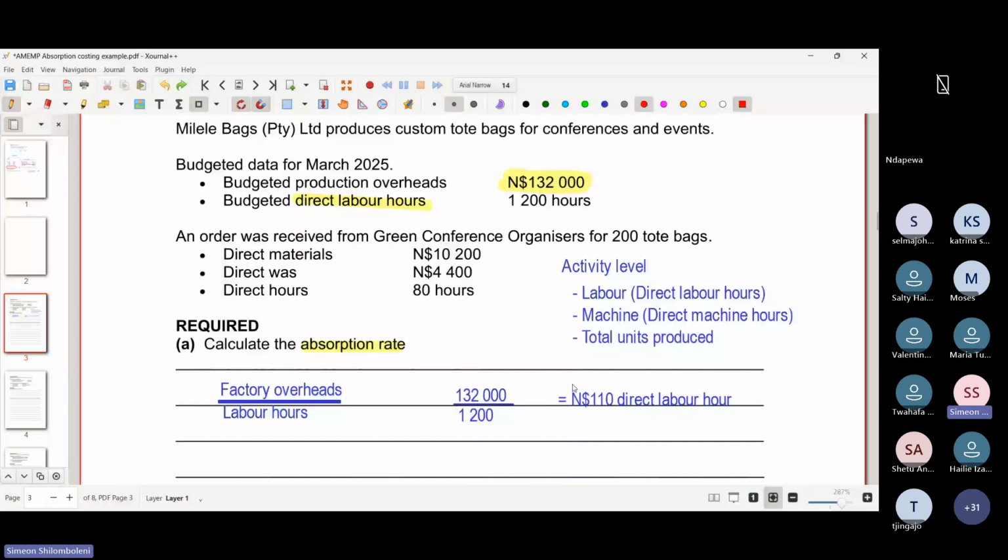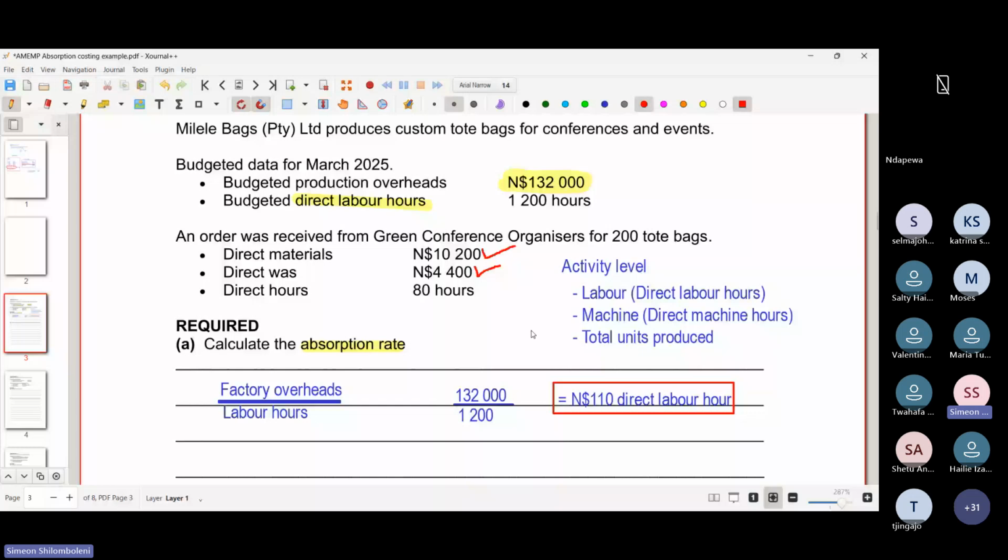If you bring us an order and you want us to do something for you, apart from paying for your direct materials that we need to produce your material with, and the labor that we need to pay the people who are busy with the product, every hour that we spend on your material, 110 must be used to contribute to our fixed overheads.